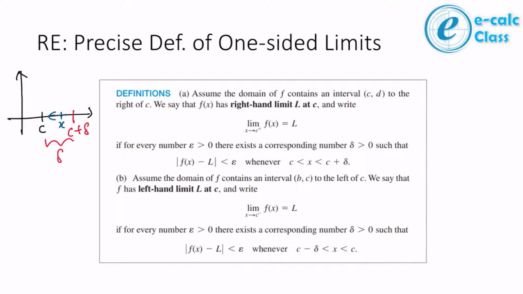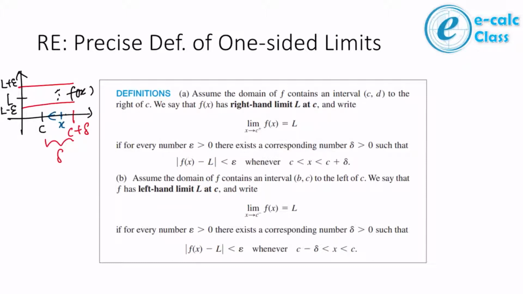Then what happens when your x falls within that interval? We said that for a right hand limit to exist, your f(x) must fall within this region. Your f(x) should be somewhere here. And this is L plus epsilon, L minus epsilon.